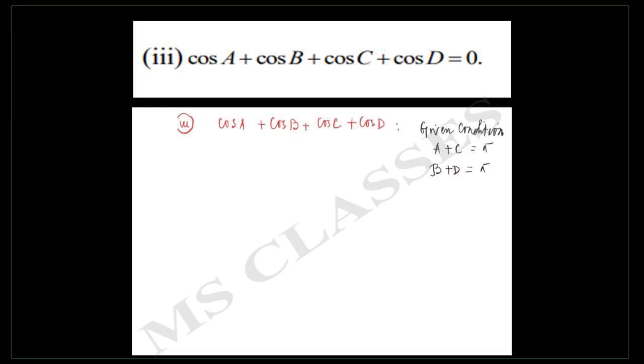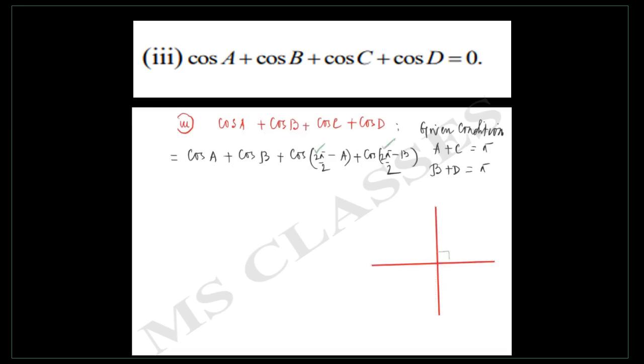Just will keep two angles same, and we'll replace the other. So it is pi minus C plus cos pi minus B. Now here it is 2 into pi by 2, 2 into pi by 2. Now 2 into pi by 2 means cos will be remaining cos. It is in which quadrant? It is in the second quadrant. In second quadrant, cos is negative.